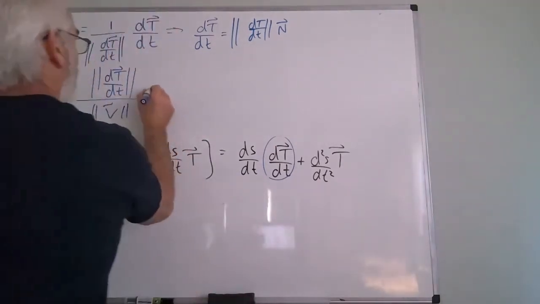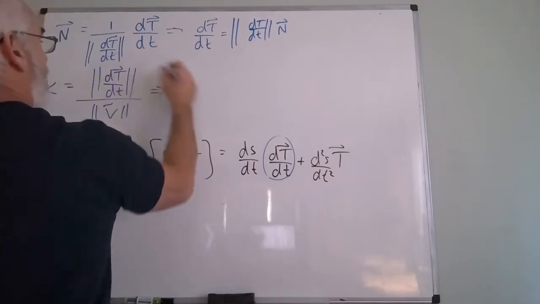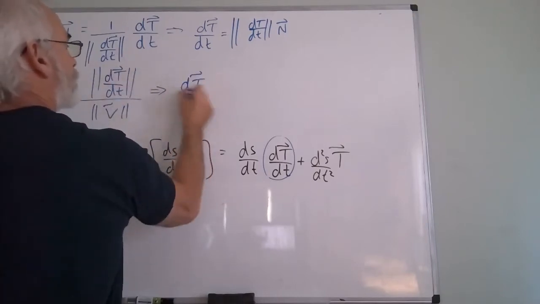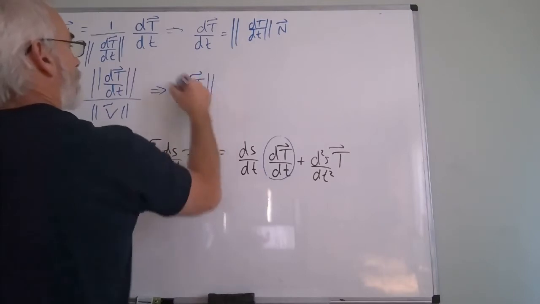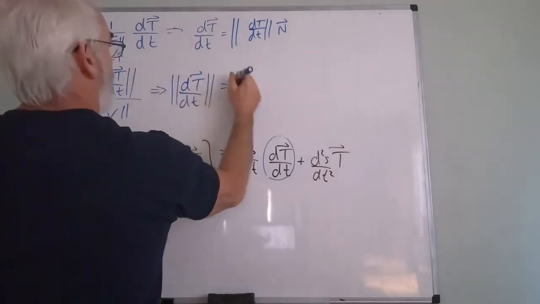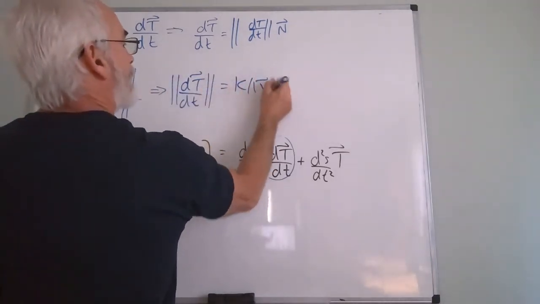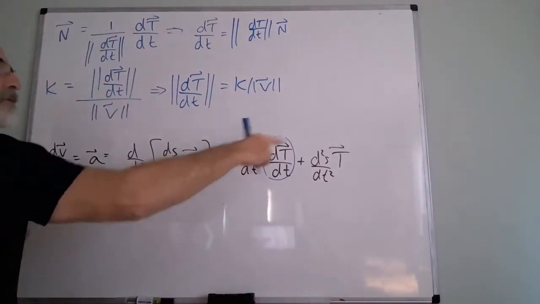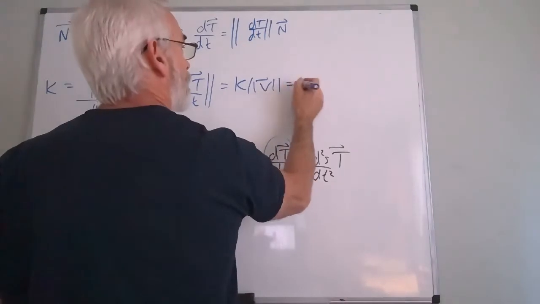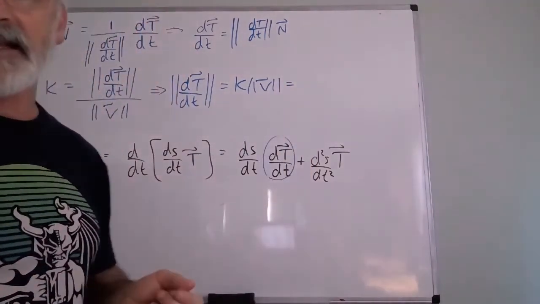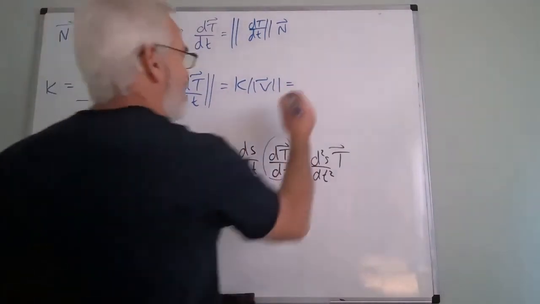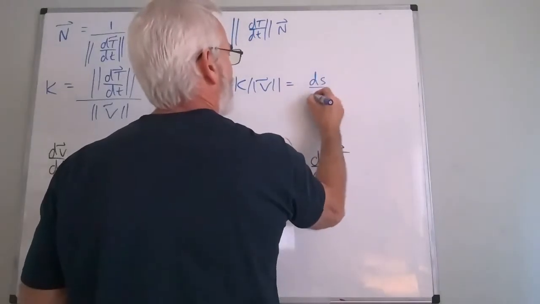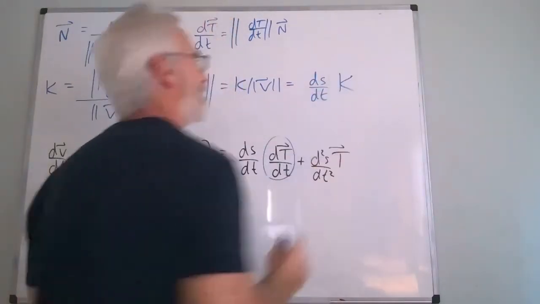So that length right there is nothing more than k times the length of v. But let's write it in this form so that it matches the other terms. Whether we write k ds/dt or ds/dt k, it's usually easier just to write it this way, ds/dt times k.